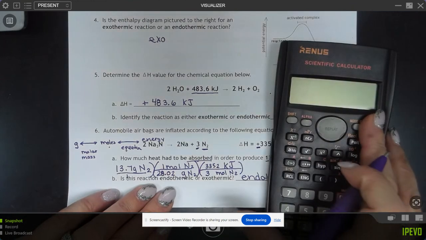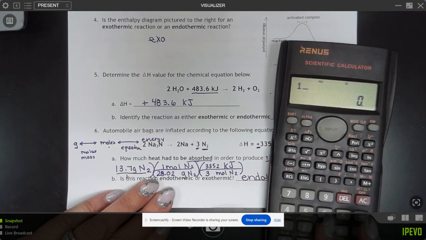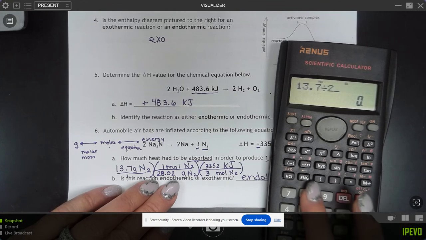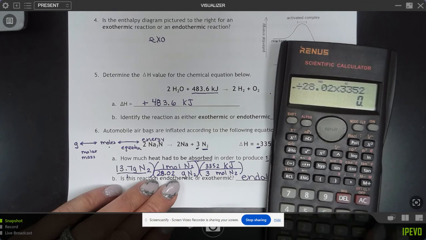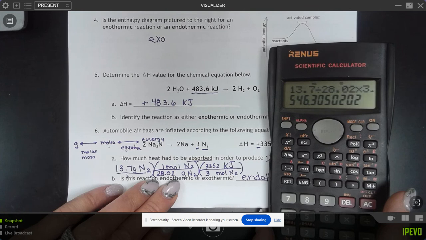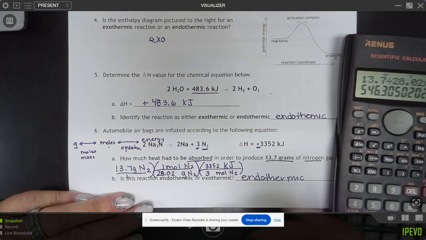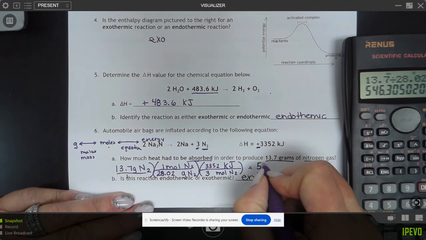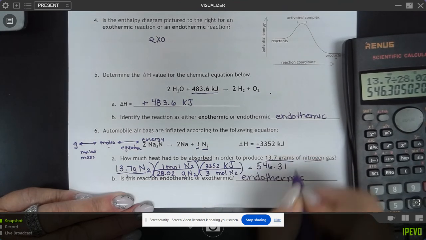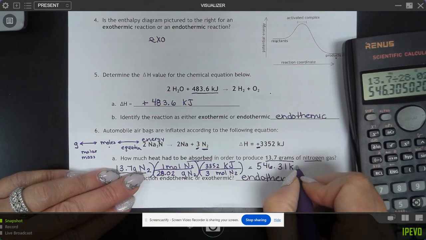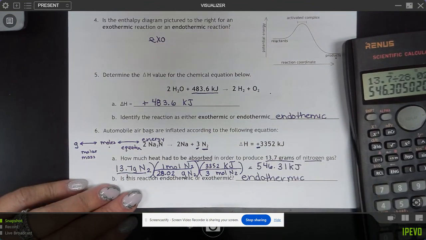If I plug this into my calculator, I get 13.7 divided by 28.02 times 3352 divided by 3. I get 546.3. Why do I not think that's right? Oh no, that's right. 546.3 kilojoules. Okay, so that's our answer there.